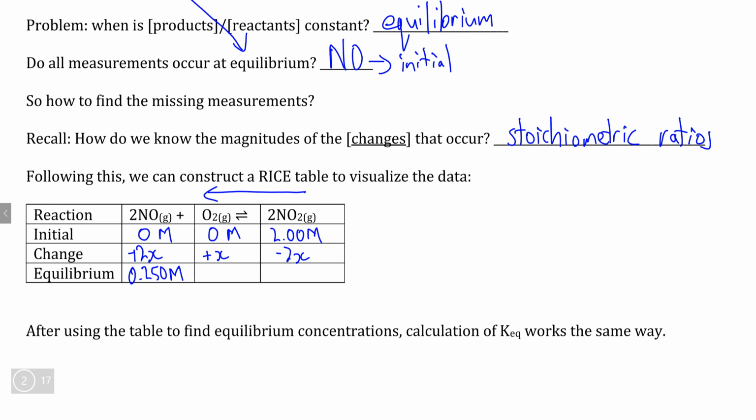And therefore, if we calculate what X is, we can find what our 2 missing measurements are.